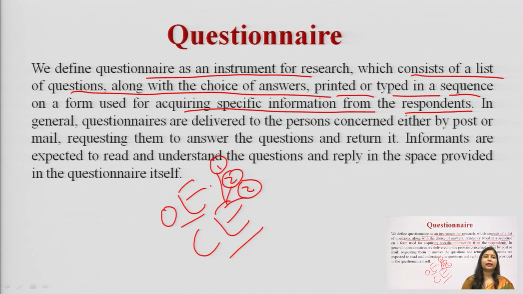In general, the questionnaire is delivered to the person concerned, at present you can send it by mail, by WhatsApp, or by any social media platform, or like the old method, you can post your questionnaire, mail it to the respondent and request them to answer and return it to you. The informants are expected to read and understand the questions and reply in the space provided in the questionnaire itself.